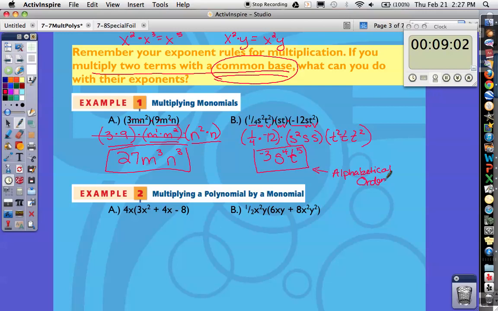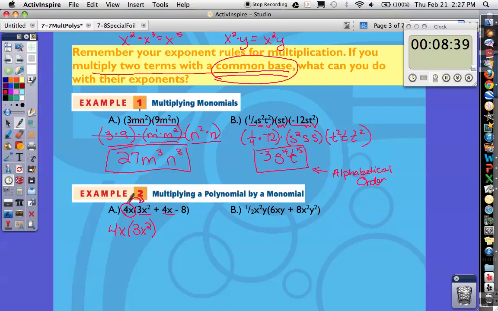Now, once you have something times a polynomial, so we have our monomial times a polynomial, this is going to be just like our warm-up, guys. You're going to take that 4x and you're going to give it to each term inside the parentheses. So I would do 4x times the 3x squared. That's one term.